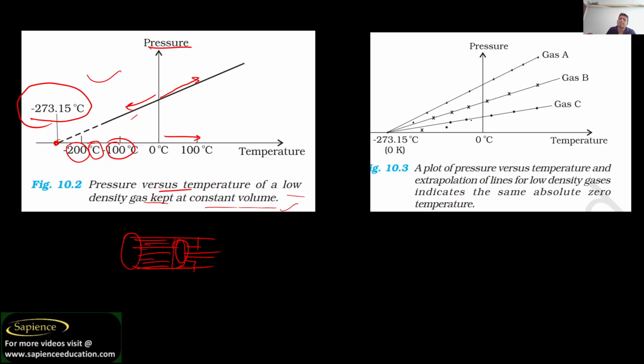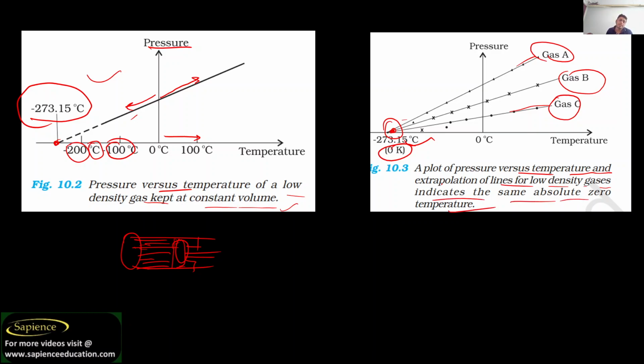It does not matter which gas you take, gas A, gas B, or gas C, all will follow different paths, definitely. But as soon as you come to absolute zero temperature, you will get 0 Kelvin at this point. The plot of pressure versus temperature and extrapolation of the line for a low density gas indicates the same absolute temperature.